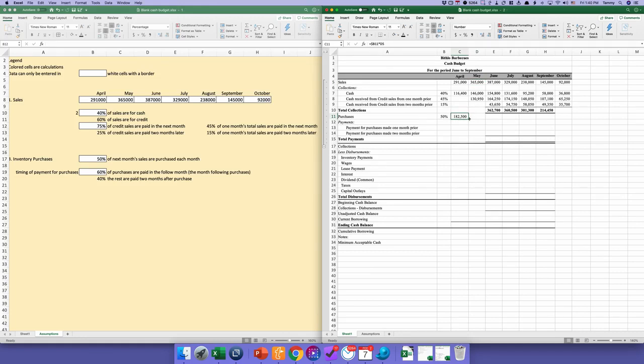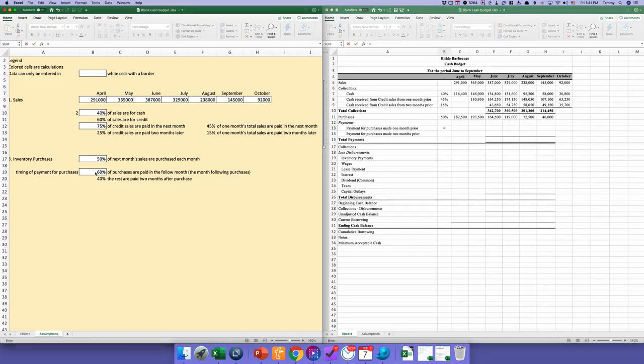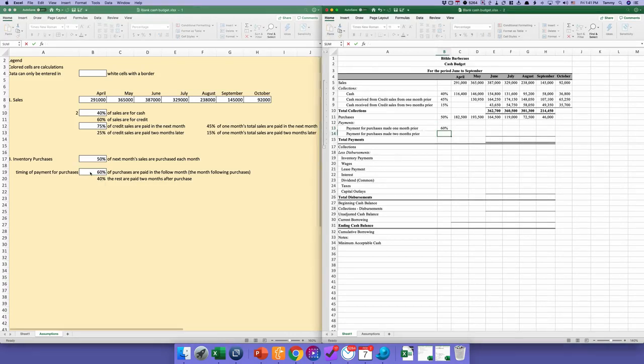Okay, so we can pull this out into September. October, it's not going to be relevant. And so now our purchases 1 month prior are going to be paid in the following month. So we're going to pick up this assumption here. That's 60%, and we're going to autofill and pick up the 40% there. So 60% of what we purchased last month.